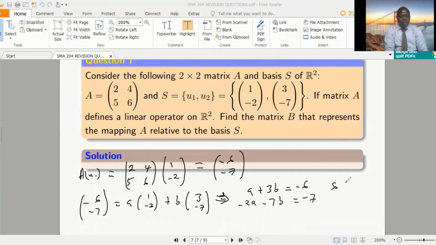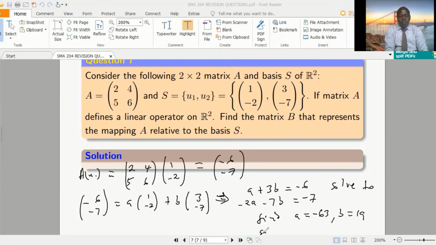And when you solve this simultaneously, you will find A to be negative 63 and B to be 19.